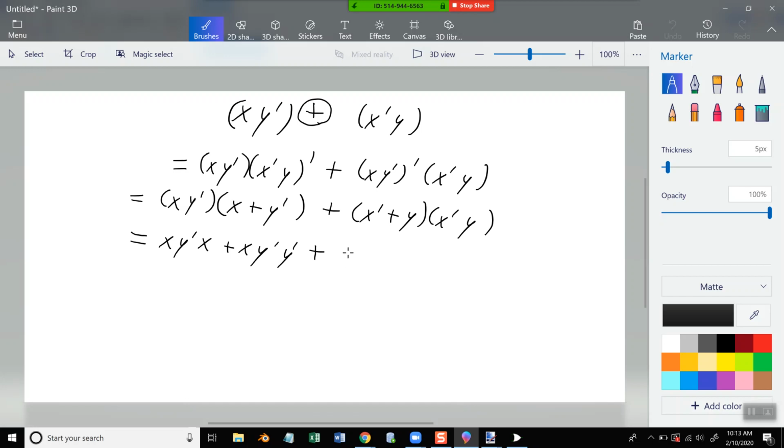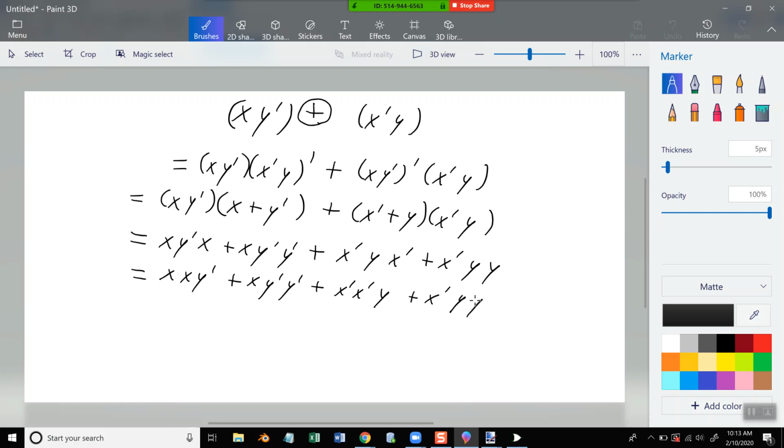So I'm going to have x prime y x prime plus x prime y y. Now I can rearrange these so the x's are together: x y prime, x y prime, and here x prime y, and over here those are already together.